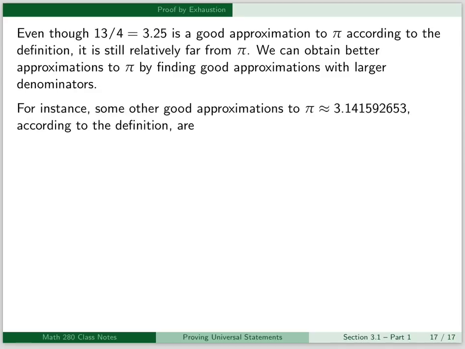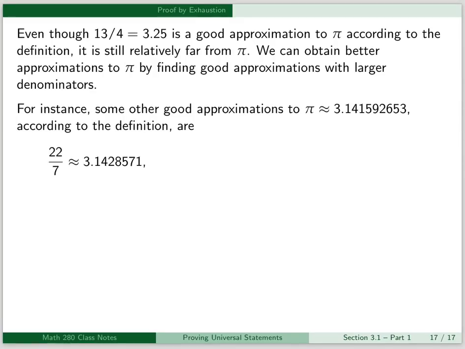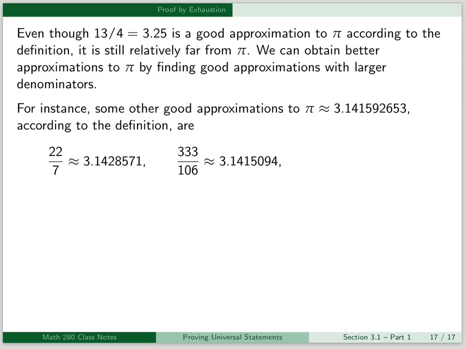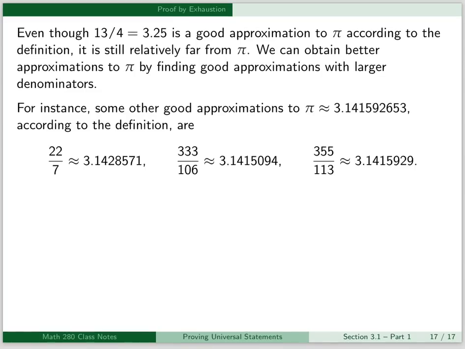For instance, some other good approximations to pi, according to the definition, are 22/7, which is about 3.1428571, 333/106, which is approximately 3.1415094, and 355/113, which is approximately 3.1415929.